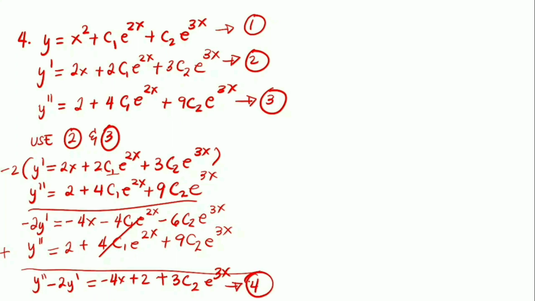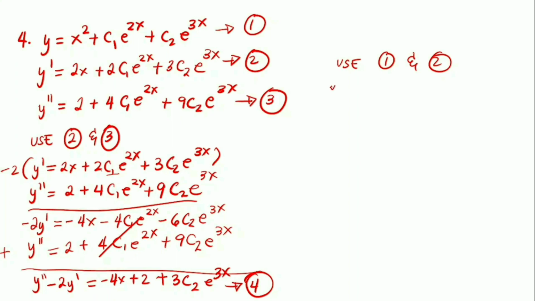So, the next step is we need to combine again another two equations in order to produce a new equation, which is equation 5. So, I use equation 1 and 2.